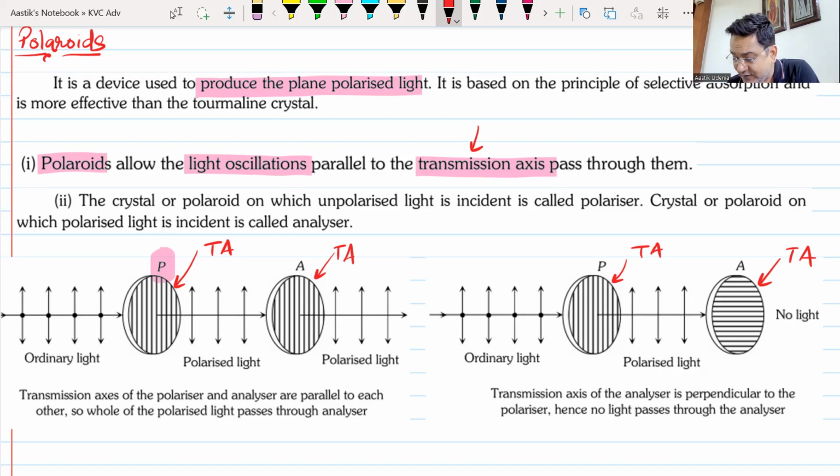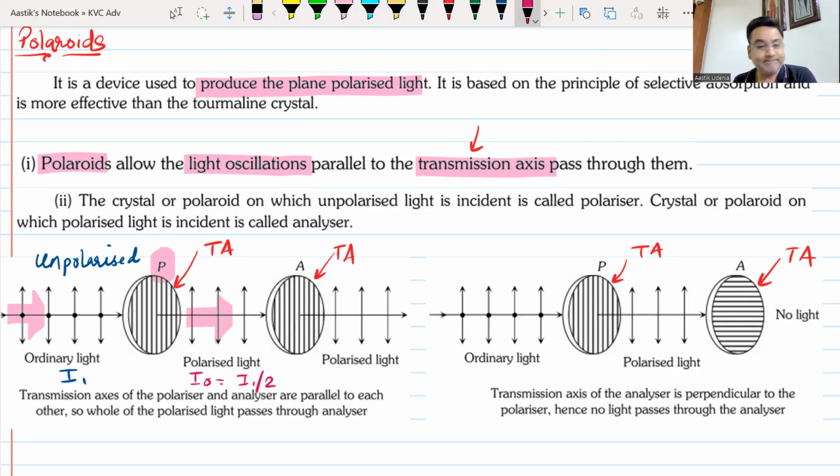Now, on the left hand side, as you can see, you have unpolarized light. Let us say that the intensity of this unpolarized light is I1. Now, it falls on a polarizer, so we have plane polarized light on this side. The intensity of this plane polarized light, I naught, will be equal to I1 by 2.